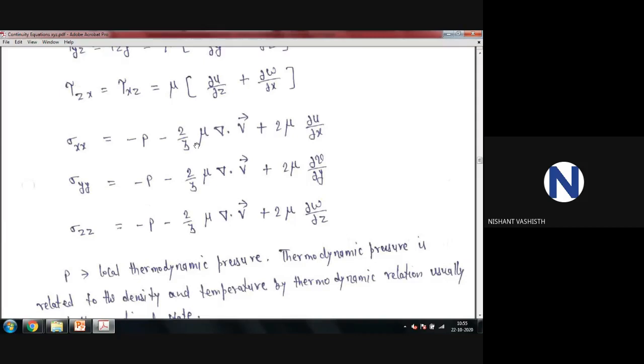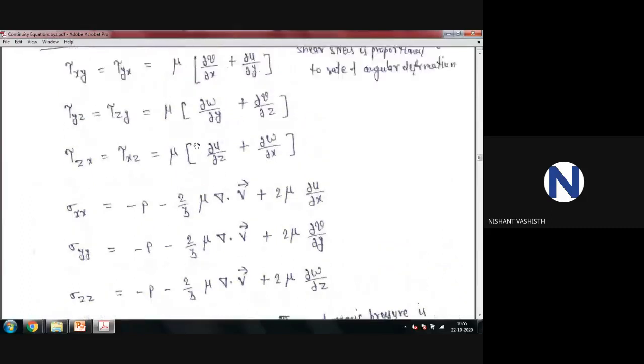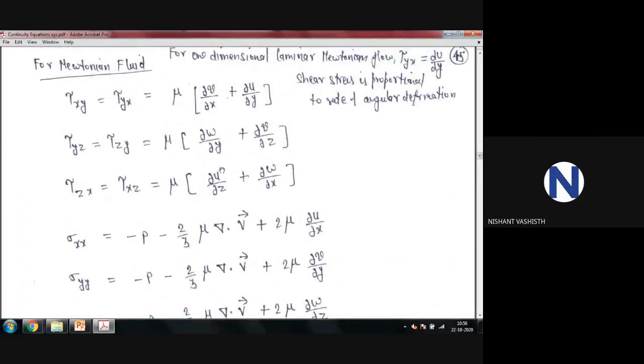Sir, in this shear stress formula, why has the opposite coordinate come in the denominator, like del u upon del y? So if you are moving in this direction and you want to calculate the shear stress, shear would be applied on a surface. If you want to move this way, your plane is y.